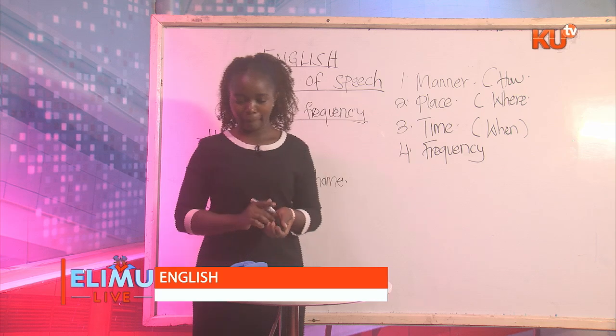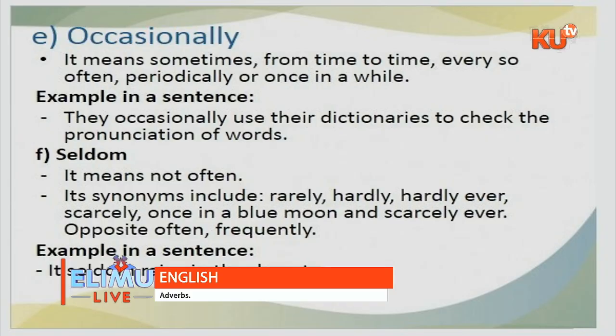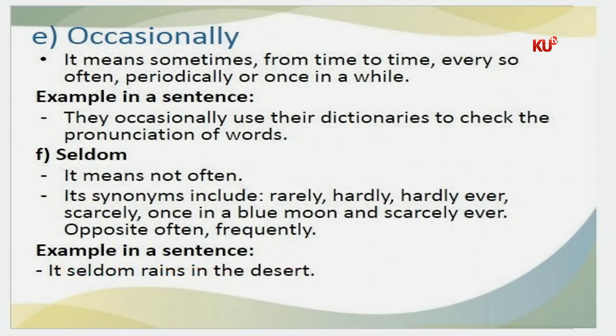It means sometimes, from time to time, every so often, periodically, or once in a while. So we're going to look at its example. They occasionally use their dictionaries to check the pronunciation of words.